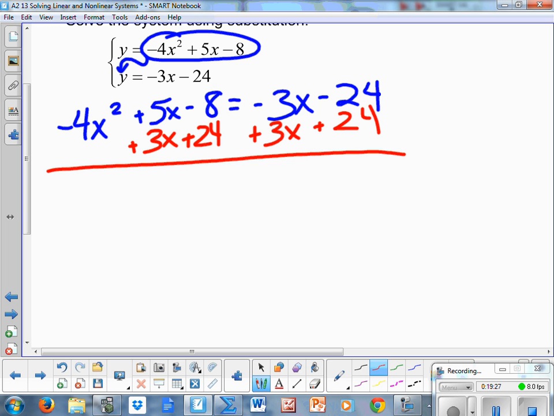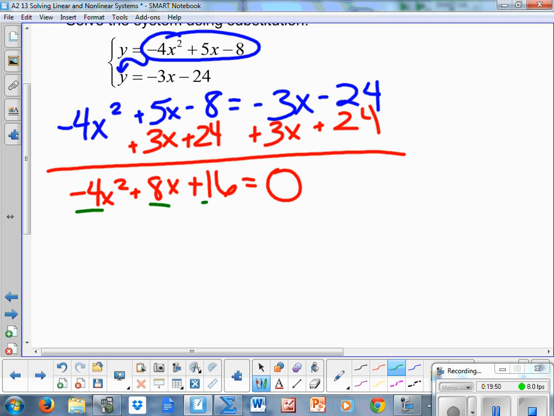That gives me -4x squared plus 8x plus 16 equals 0. Now, is this one going to factor? First of all, I'm going to see if there's a common factor in all of my terms.